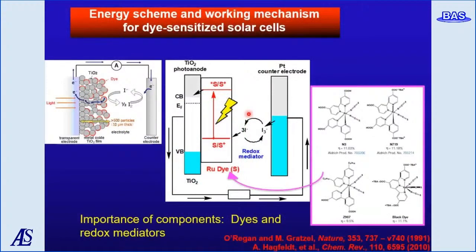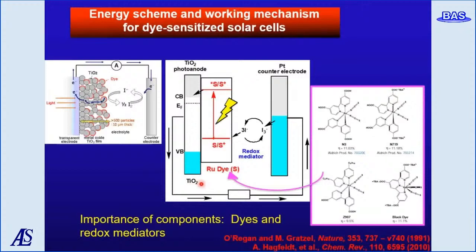Another example is the dye-sensitized solar cell using ruthenium complexes. This is called the Gratzel cell, named after the inventor. In this solar cell, ruthenium complex dyes, as shown here, which possess bipyridine or terpyridine ligands with carboxylic groups as anchoring groups, are immobilized on a microporous titanium oxide surface.